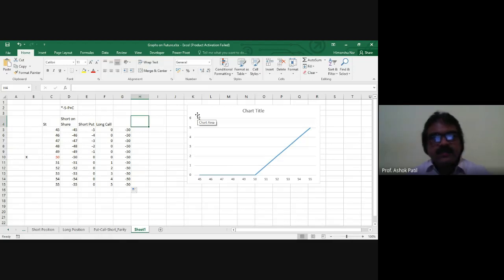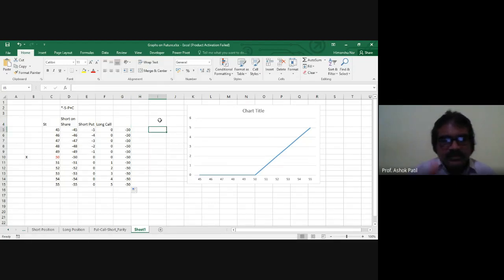Now we'll answer what Nikhil was saying. What happens to my premium? Now go to column I. Before that, you can move that chart a little bit to the right-hand side so it doesn't come in the way.